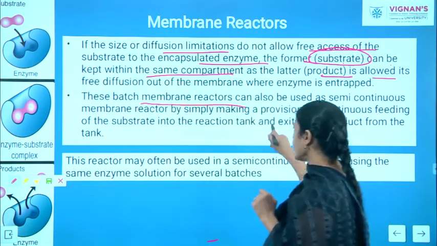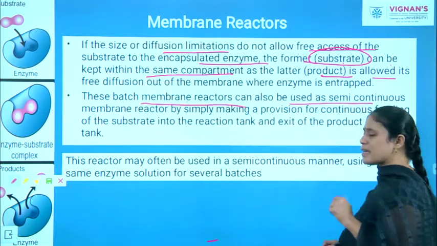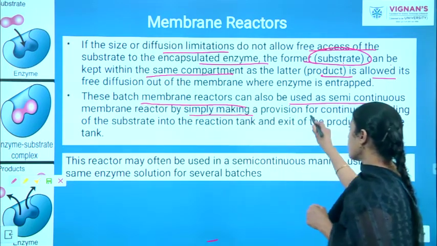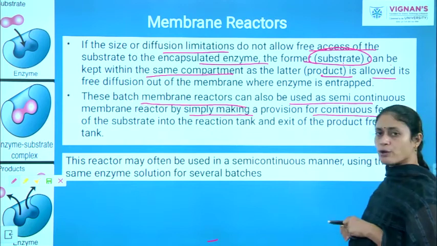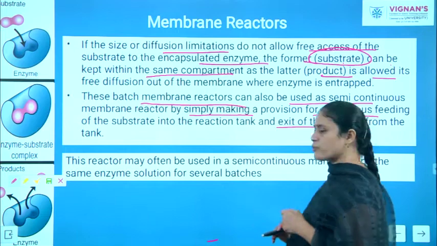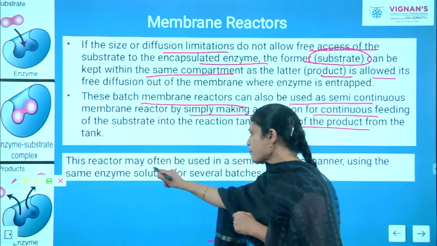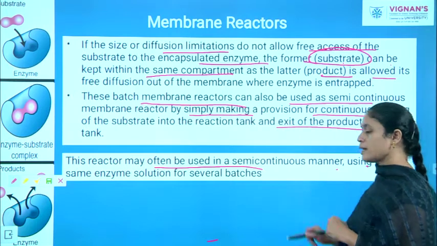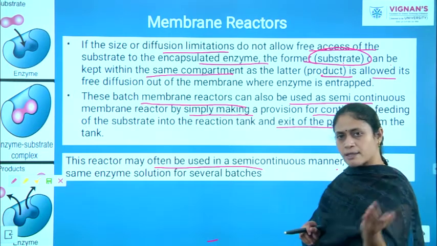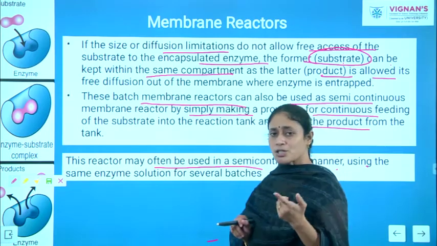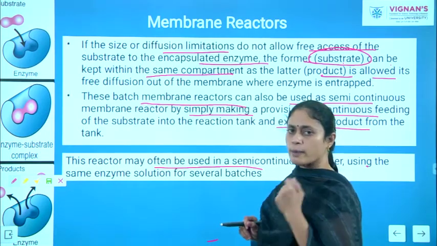These batch membrane reactors can also be used as semi-continuous membrane reactors by simply making a provision for continuous feeding of your substrate into the reaction tank and exit of your product from the tank. This reactor may often be used in a semi-continuous way using the same enzyme present in the membrane for a number of batches, by which you can make your process economical.